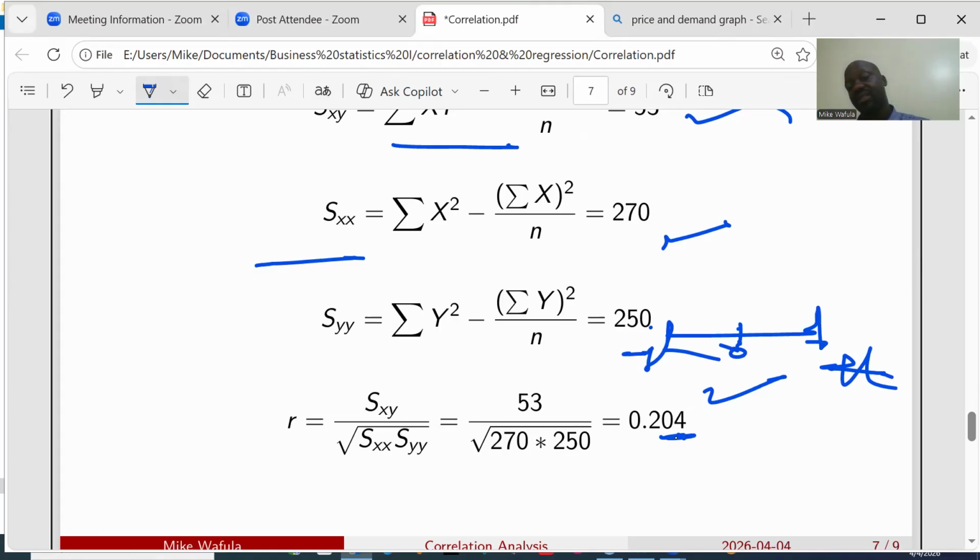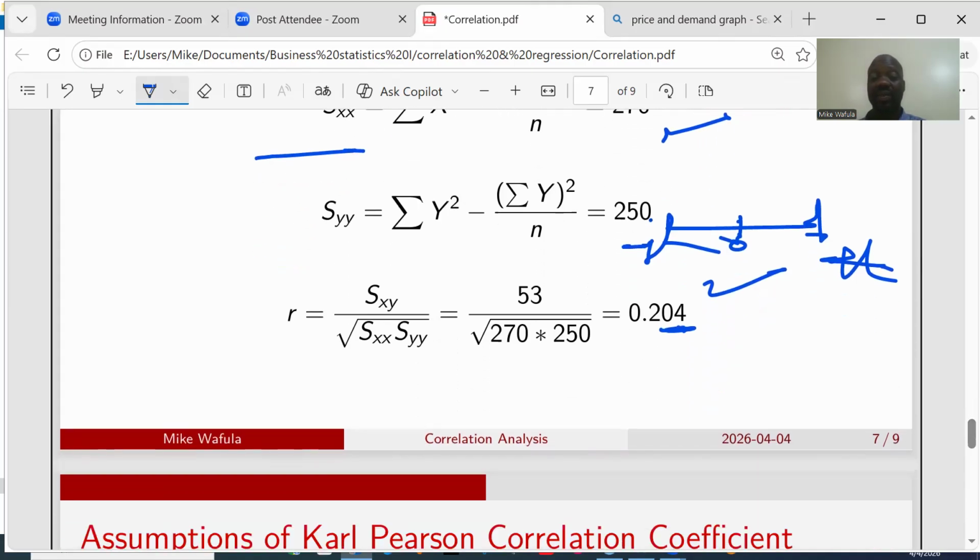It could mean that you could not predict the performance in one subject using the performance in the other, but that is subject to another discussion.